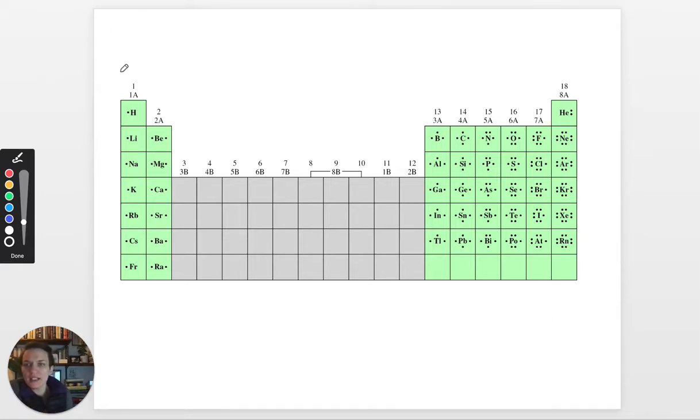So here, if you were to write out all of the electron configurations, you'd find that this is going to be ns1, whatever the n is, right? This would be ns2. This would be ns2p1. These guys would be ns2p2.